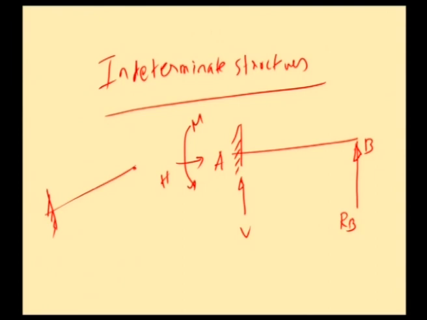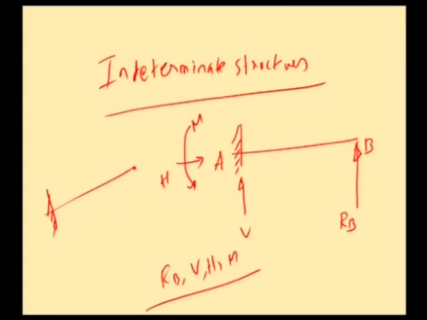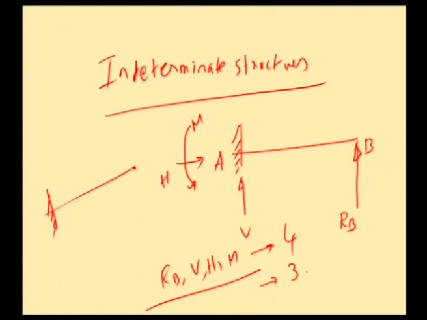So, the unknown forces in this problem are RB, V, H and M. We will have to find RB, V, H and M, and the available equations which we have in hand are sigma V equal to 0, sigma H equal to 0 and sigma M equal to 0. So, there are four unknowns in the problem, and we have in hand only three conditions of equilibrium. Therefore, we have one reaction or one force in excess to be found.